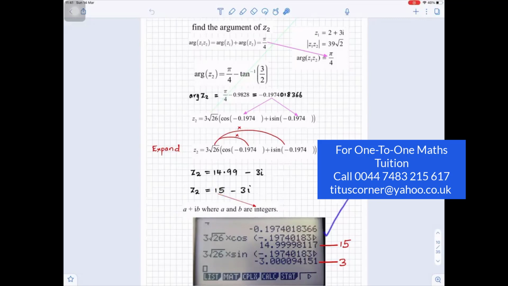And see there how I put it in the calculator when I'm expanding. 3 root 26 times the cosine of that. After that, 3 root 26 times the sine of that. So you get those answers.